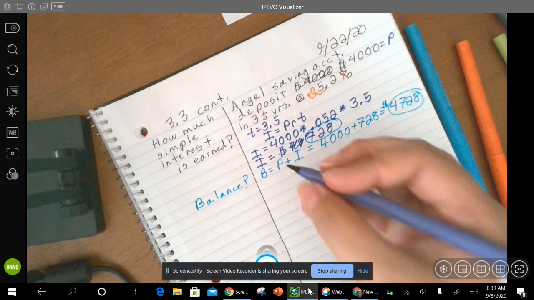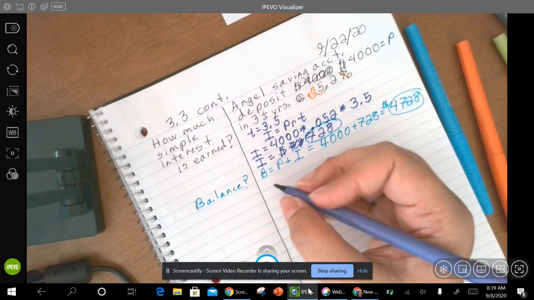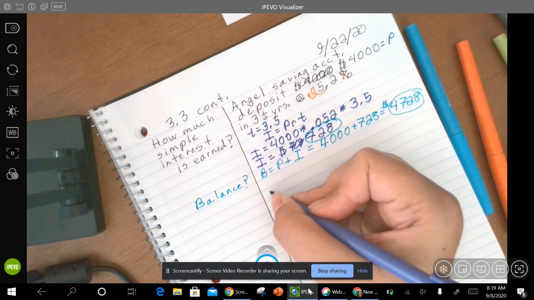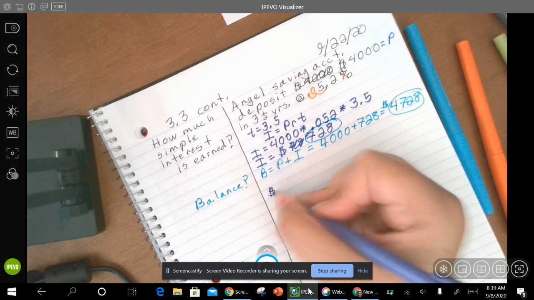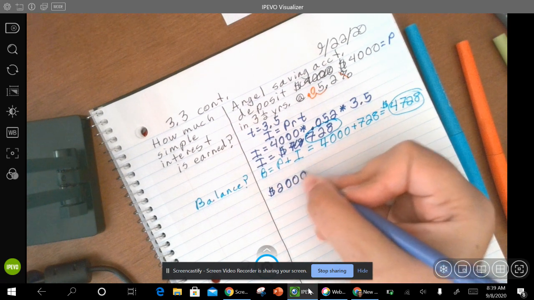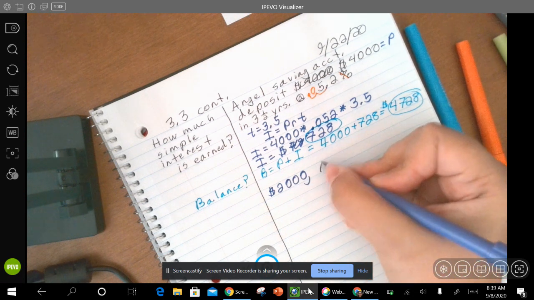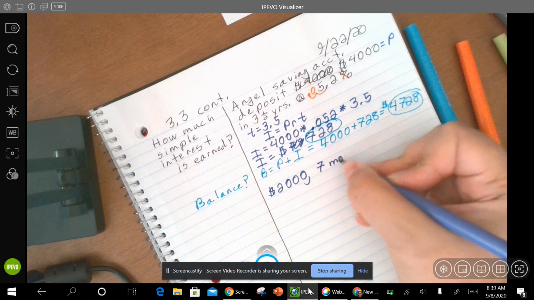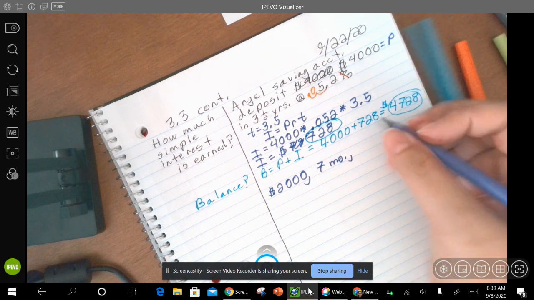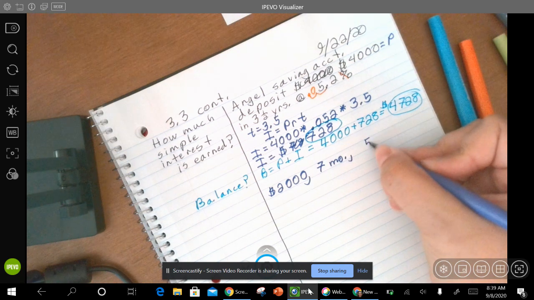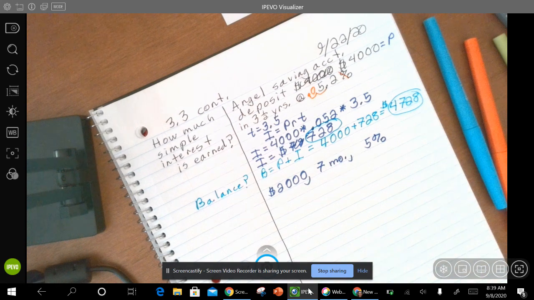Let's do another example, everybody. Let's say, what if you had $2,000 in your account? You left it in there for 7 months, and you had a 5% interest rate.